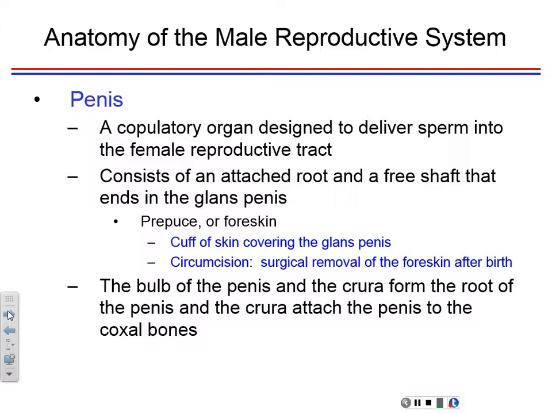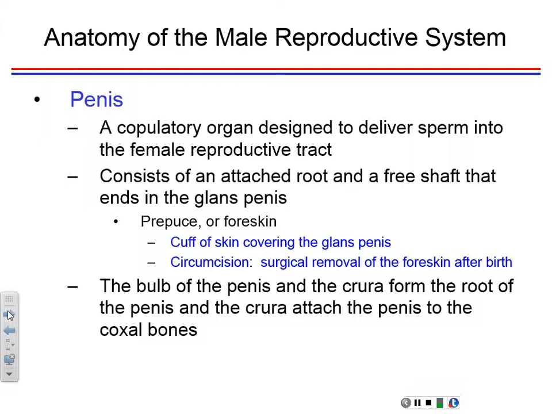This is sometimes cut, okay? It's a procedure done after birth, or when you reach puberty. It's mostly done for religious and cultural reasons. There's not a real physiologic benefit to it. There are both a few benefits to circumcision, and some disadvantages.